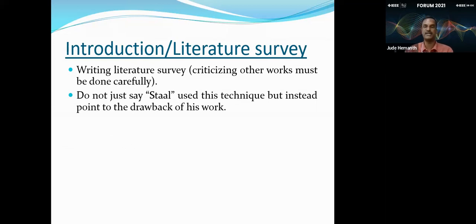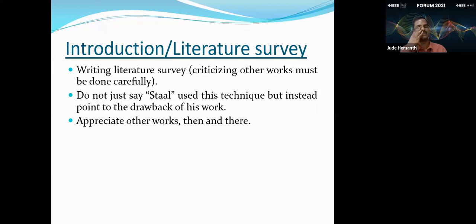So each paragraph should have some reference papers, and for each paper, you should specify the negative aspects. That doesn't mean you should be very harsh with your language. You can write it in a polished way. However, but instead, these are polished words which you can make use of when you write your introduction about other works then and there.